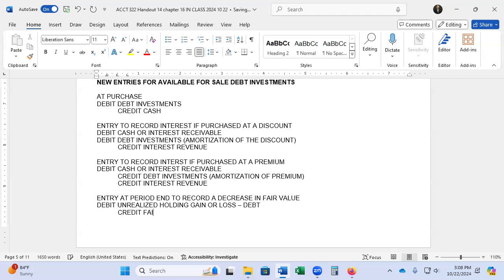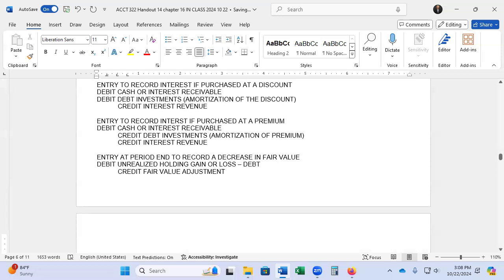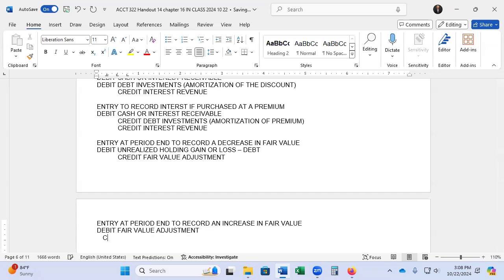And then credit fair value adjustment. And so the entry at period end to record an increase in fair value would be a debit to fair value adjustment, and a credit to unrealized holding gain or loss for debt.